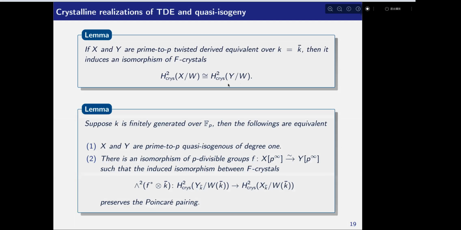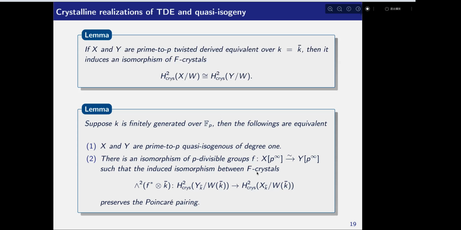But at the same time, if you look at a prime to p quasi-isogeny of degree 1, the wedge product also induces an isometry between their crystalline cohomologies. Basically, this observation is the main ingredient of the proof. So we found that the twisted derived equivalence and the quasi-isogeny of degree 1 both induce some isometry between the F crystals or the K3 crystals.